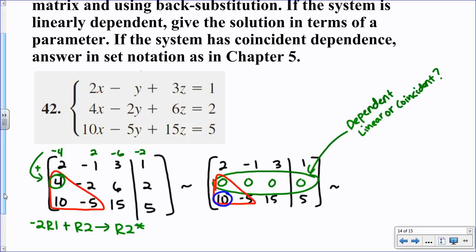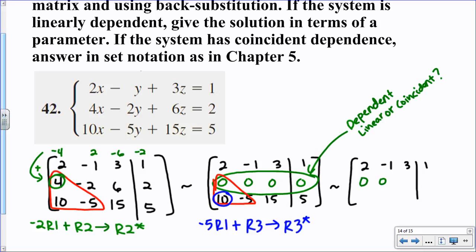Okay, so what should I do to get a 0 where 10 is? -5 times row 1 plus row 3, and that'll be my new row 3. Okay, so I'm not changing row 1 or 2 this time. So row 2 is still just all those zeros.